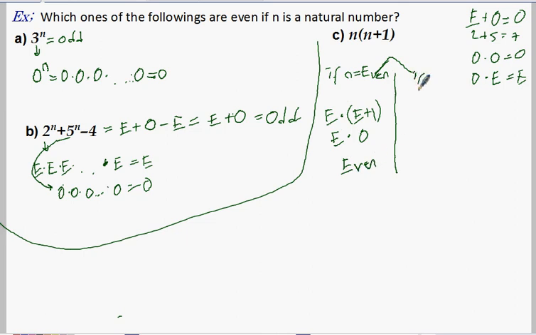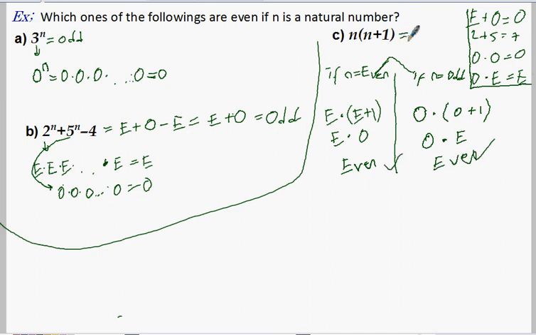But what if n is equal to an odd number? If it's an odd number like 5, 7, 11, we will start with odd number times odd number plus 1, which is odd number times this part that is going to be even, so odd times even, at the end you will have an even result. Since they are the same, we can say that whatever you choose for n, all the results are going to be even numbers.